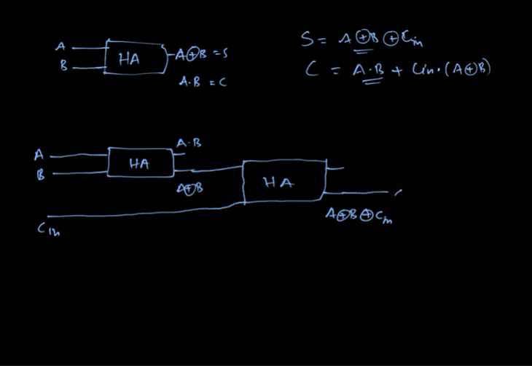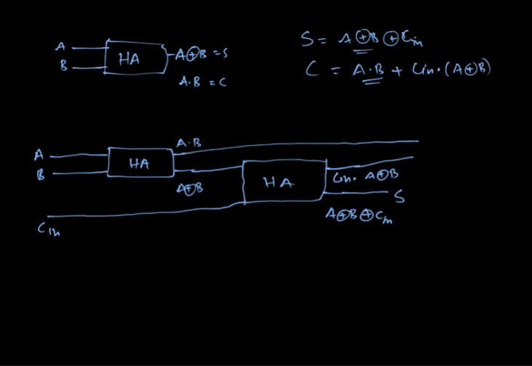So this gives the sum. Now what is this other output? The input is A XOR B, so it is with C in. So it is C in ANDed with A XOR B.